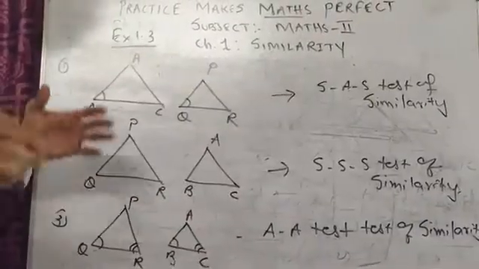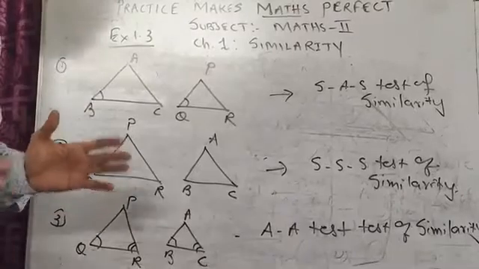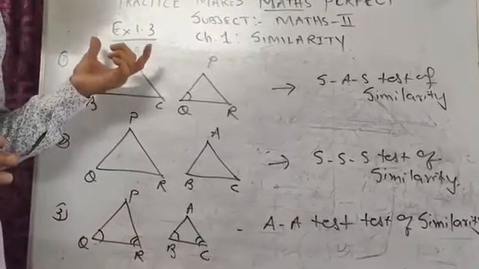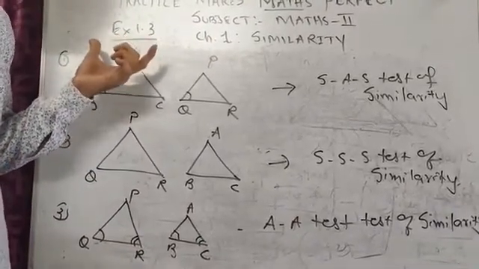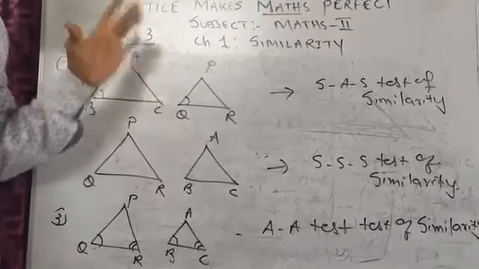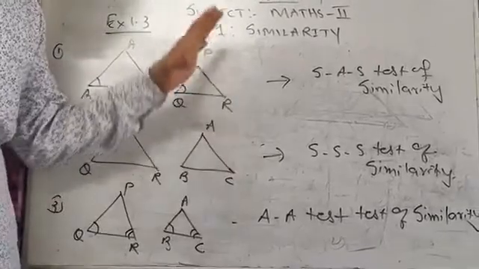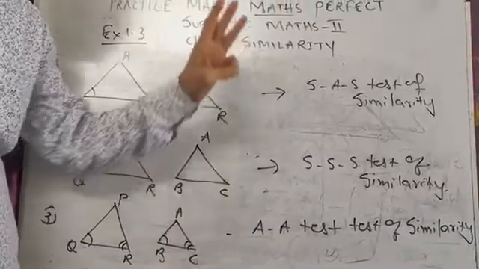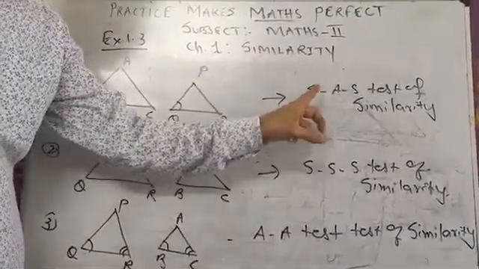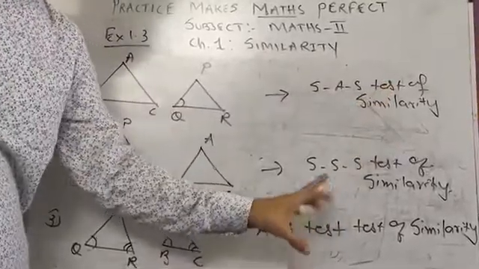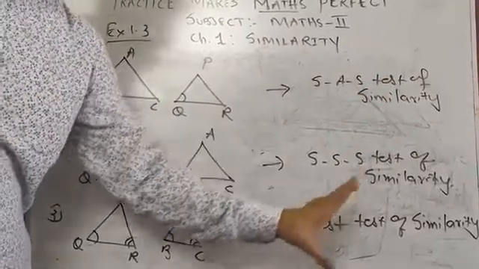Okay. Now we will come to practice exercise 1.3. Exercise 1.3 is based on tests of similarity. Now in tests of similarity, you have three tests. One is the side angle side test of similarity. Second is the side test of similarity.